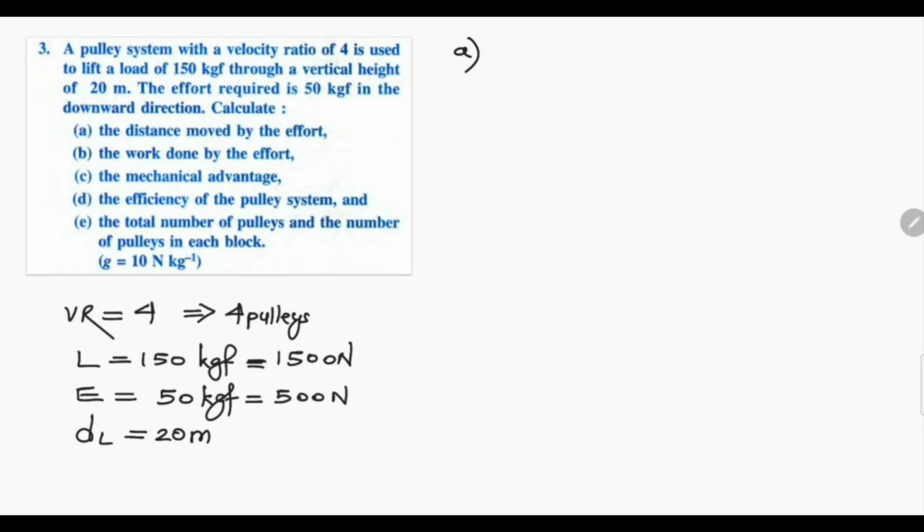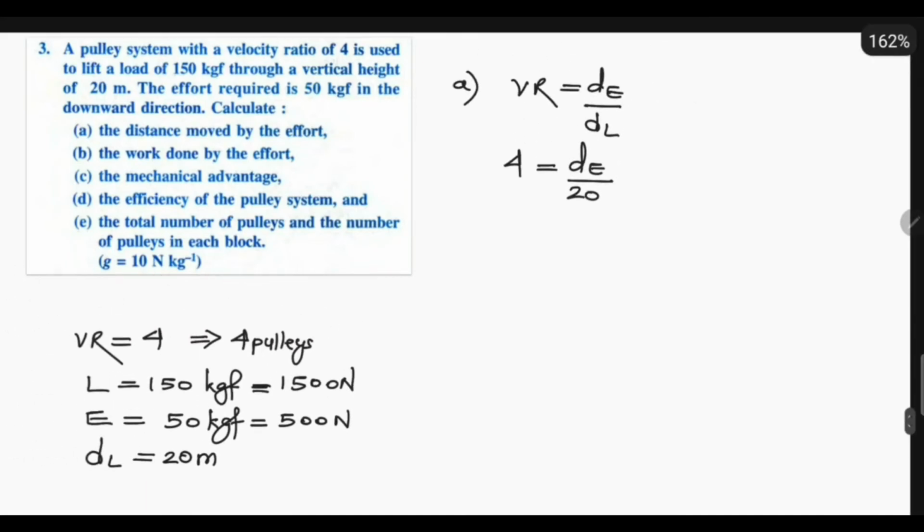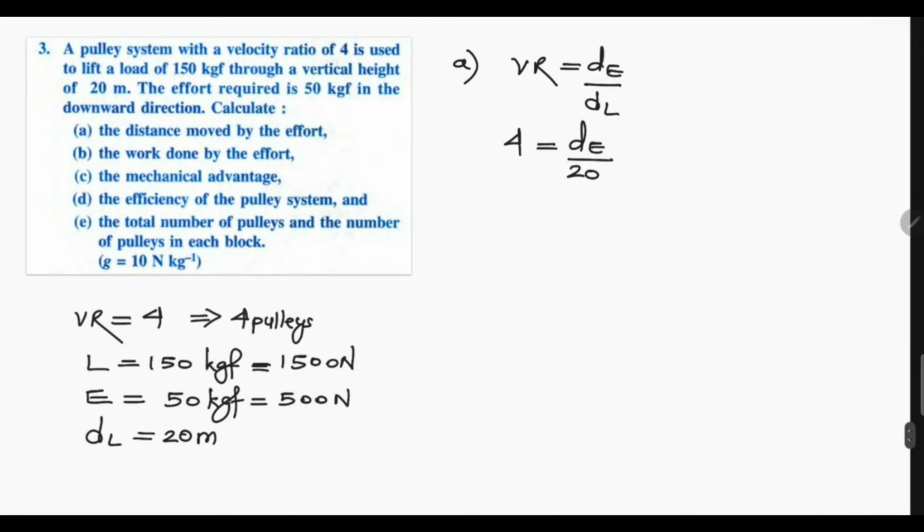First part, calculate the distance moved by the effort. Velocity ratio is displacement of effort upon displacement of load. Velocity ratio, we know it is 4. Displacement of effort is asked. Displacement of load is given to you as 20, substituting over here. Therefore, displacement of effort will be equal to 80 meters.